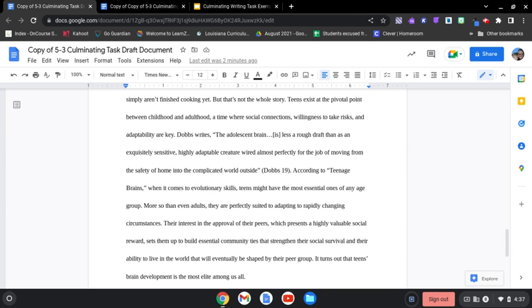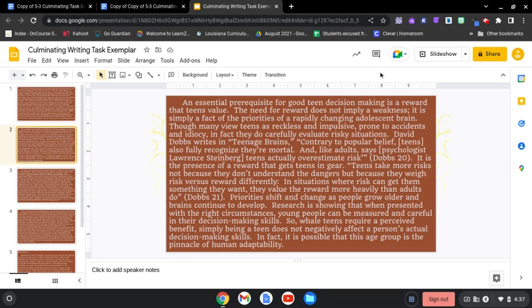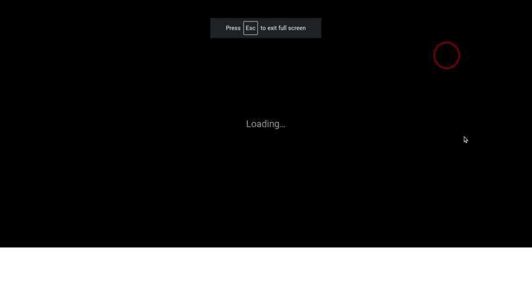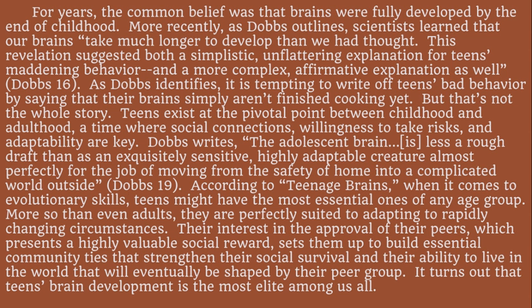It turns out that teens' brain development is the most elite among us all. Now here's that third body paragraph for you to type.